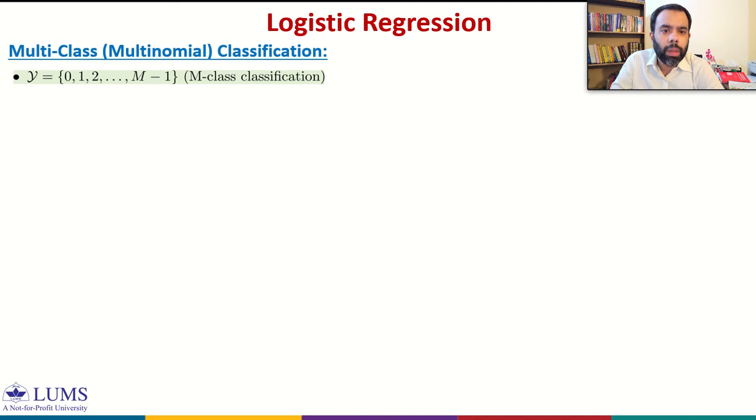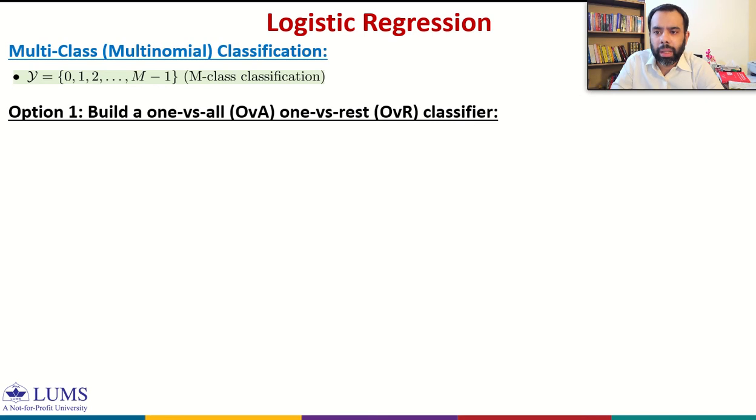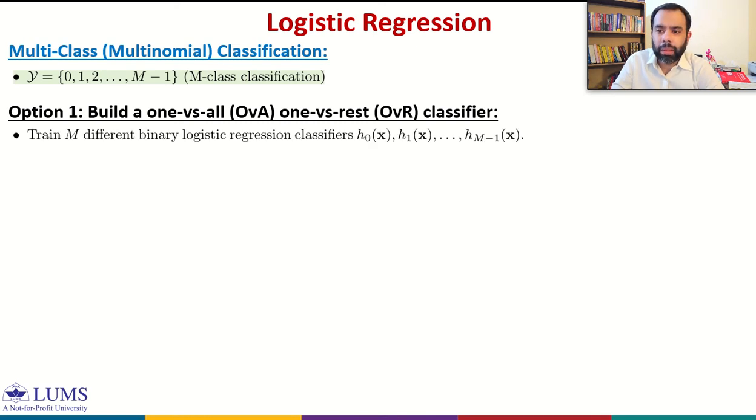We quickly review the two types of classifiers we discussed previously for multi-class classification: a one versus all classifier and an all versus all classifier. To handle multinomial classification, we defined one versus all, or one versus rest, binary classifiers. The idea is we train m different binary logistic regression classifiers h0, h1, up to h m minus 1.